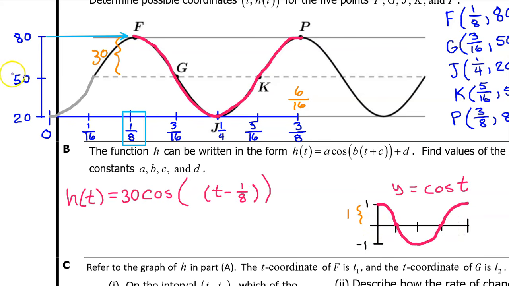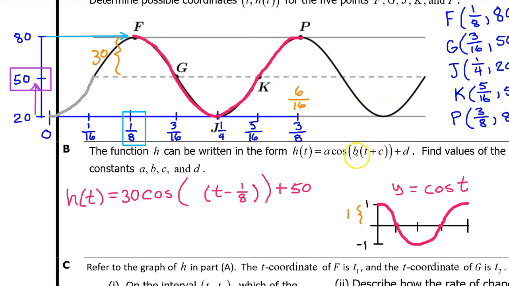Compare that to the midline of h of t, which is 50. That tells us that there has been a vertical translation of 50. h of t must be shifted up 50 compared to the parent function. So the value of d is 50.